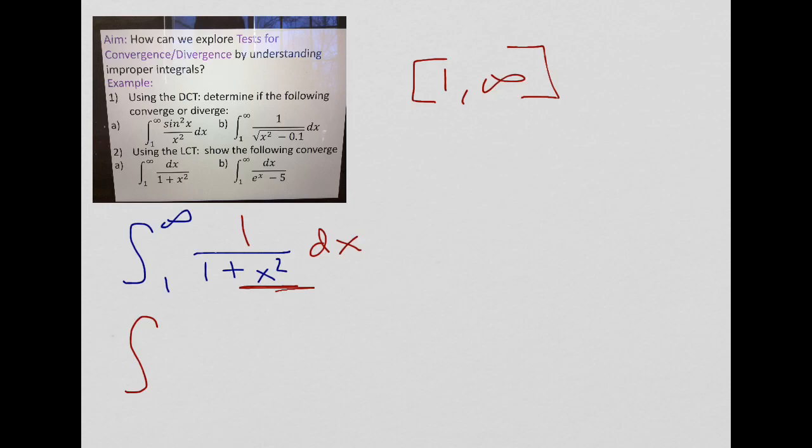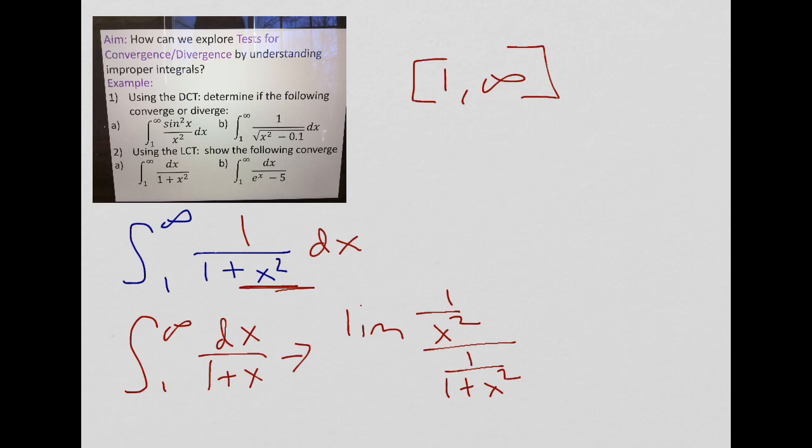So let's take a look at our function here. We have this given to us, and we're going to analyze the limit of 1 over x squared, that's my f of x, with 1 over 1 plus x squared, as x approaches infinity. If you were to do keep, change, flip, then we have 1 plus x squared over x squared as x approaches infinity.